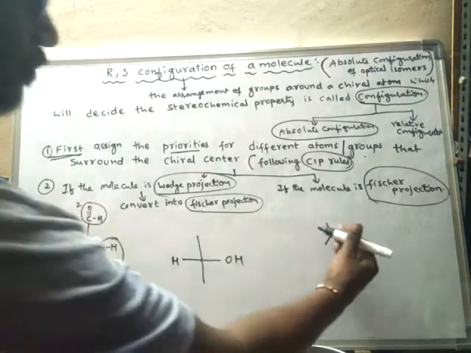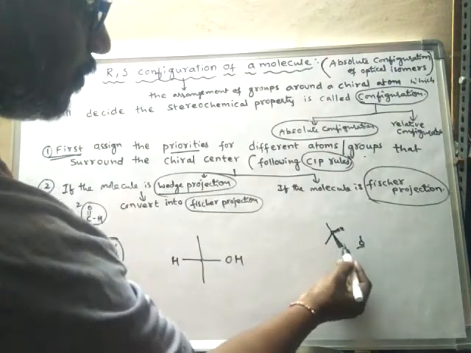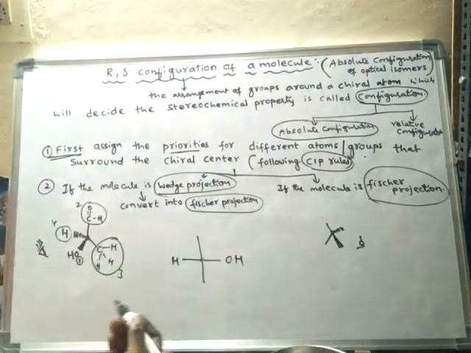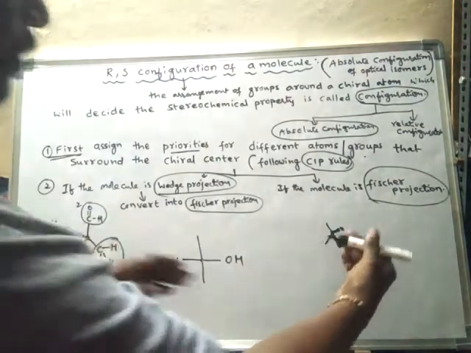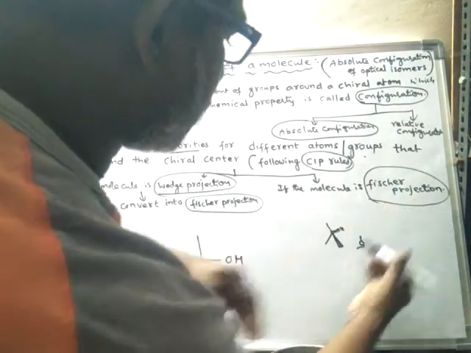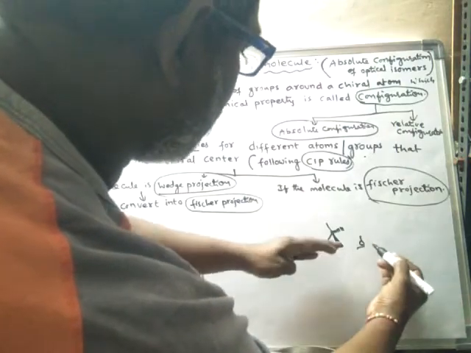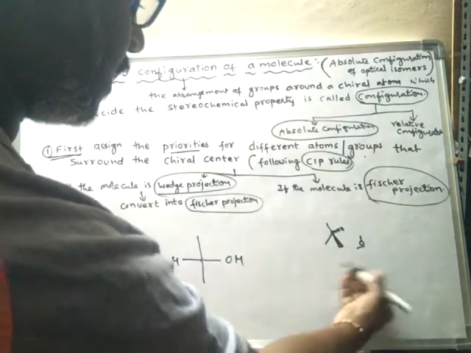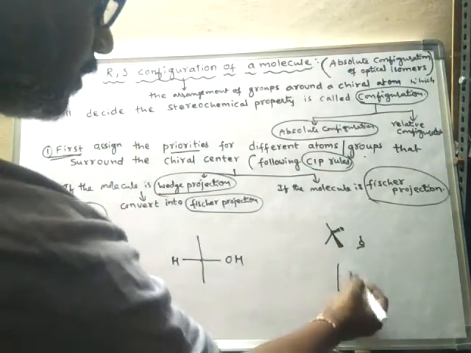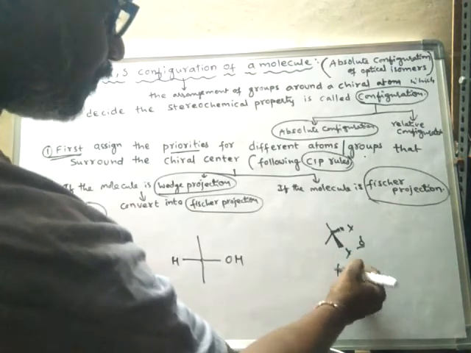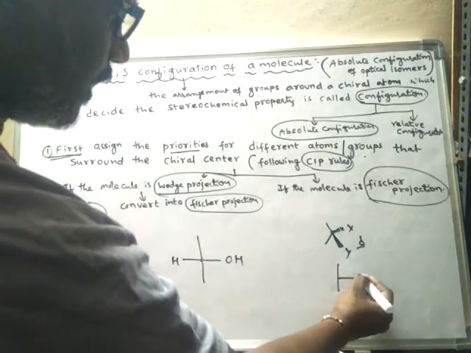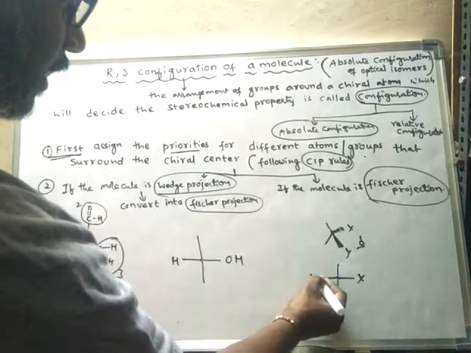So this will be away from the observer and this will be towards the observer. If this is the case, then this will be the right side and this will be the left side. So right side means, for example, if this group is X and this is Y, then X will be placed here and Y will be placed here.